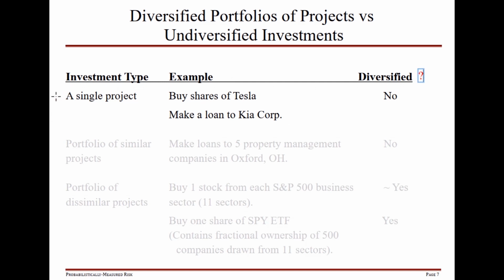Okay, so if we look at a single project, we've looked at a lot of single projects this semester, something like we buy shares of Tesla or we make a loan to the Kia Corporation. These are never going to be diversified. A single project can never be diversified because all of our eggs are in one basket. In fact, we only have one big egg in our basket, so if we drop that basket, we lose it all.